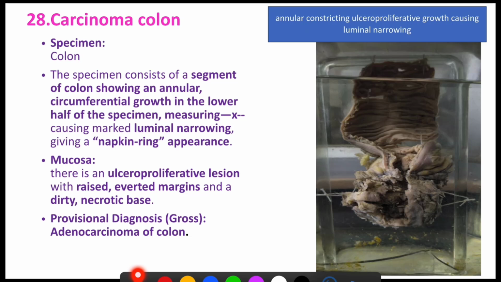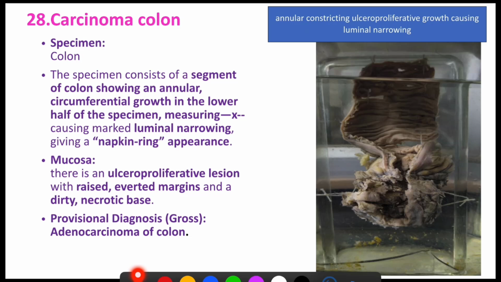The wall of the colon is thickened, irregular in shape. The ulcer base is having necrotic material, and you can also describe this lesion in centimeter, this by this in centimeter, and this is the adenocarcinoma.